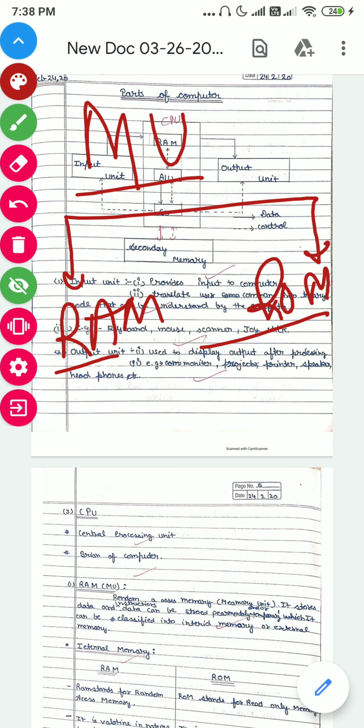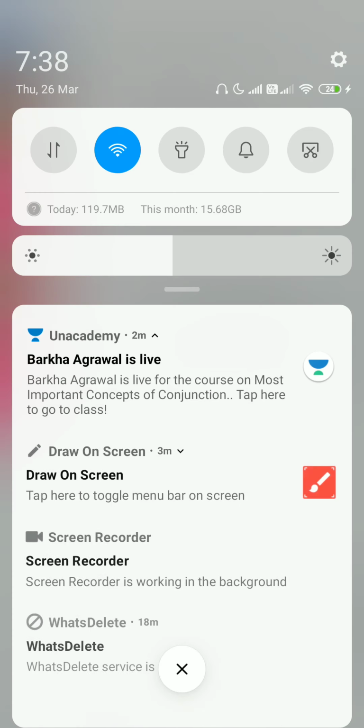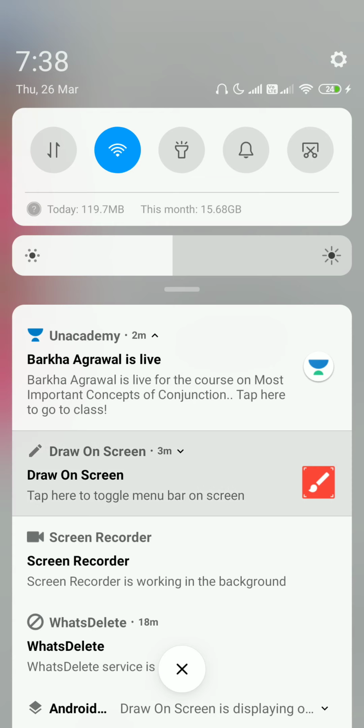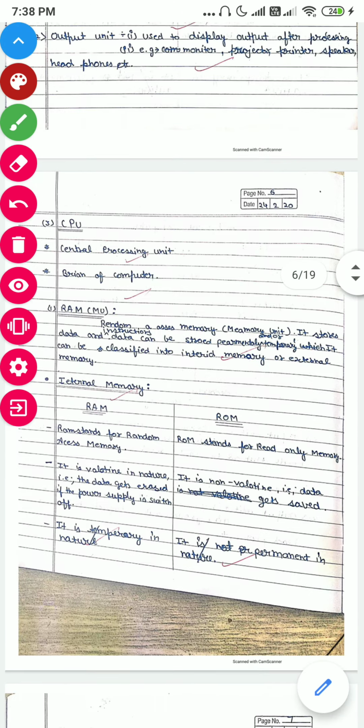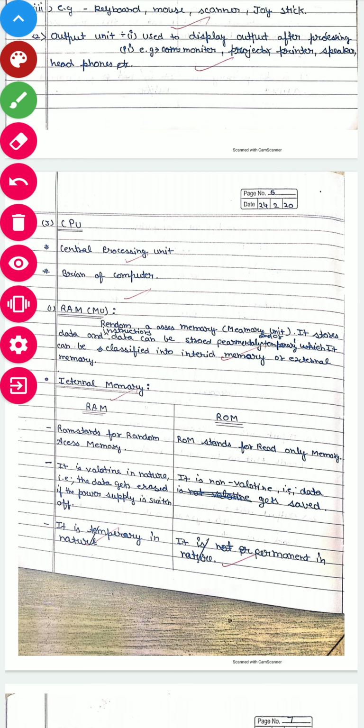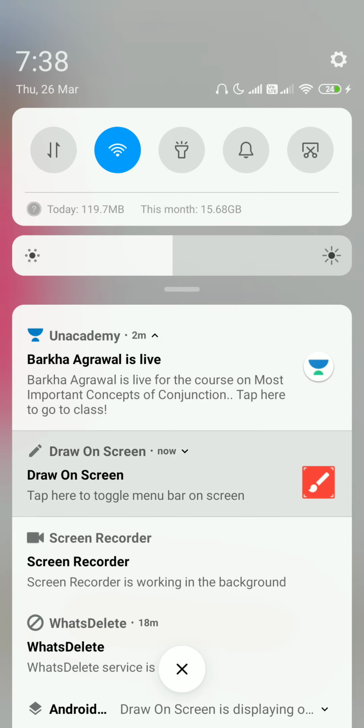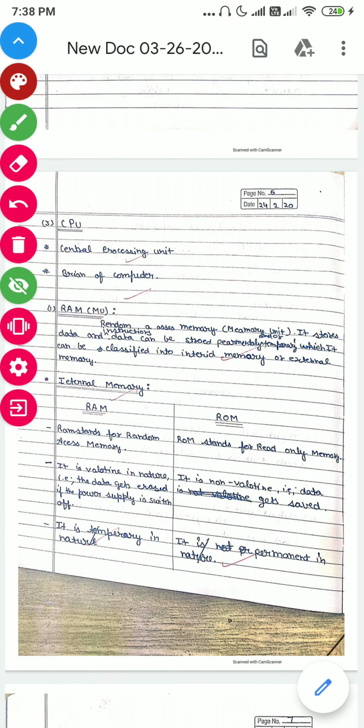And what does ROM stand for? ROM stands for read only memory.